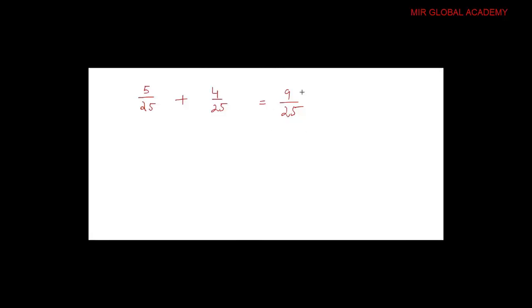So the probability of words which have 5 letters is 5 over 25, and the probability of words which have 6 letters, those are 4 words, 4 out of 25. When there is a word or, we will add the probabilities. So the final probability will be 9 over 25.